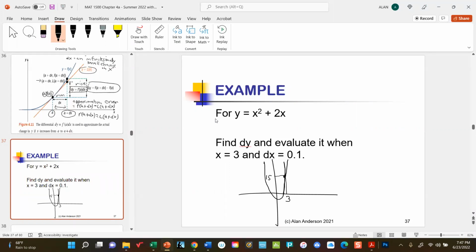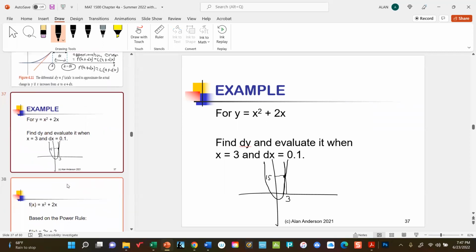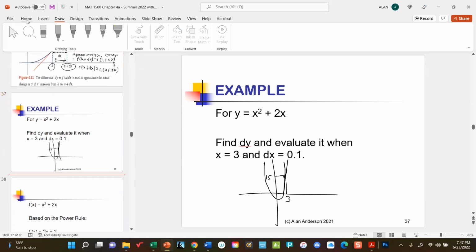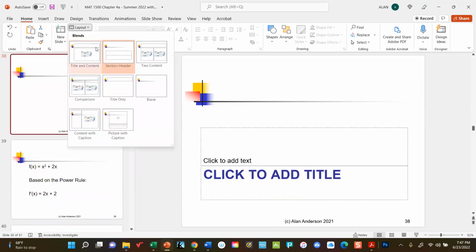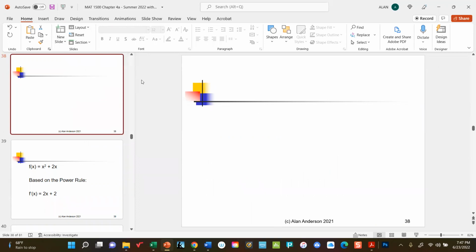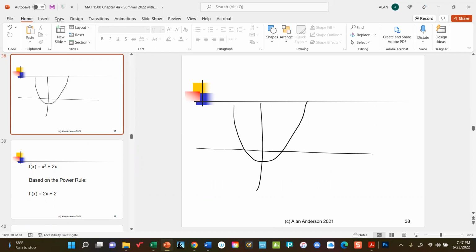Yeah, you can see this one is really tough to draw.